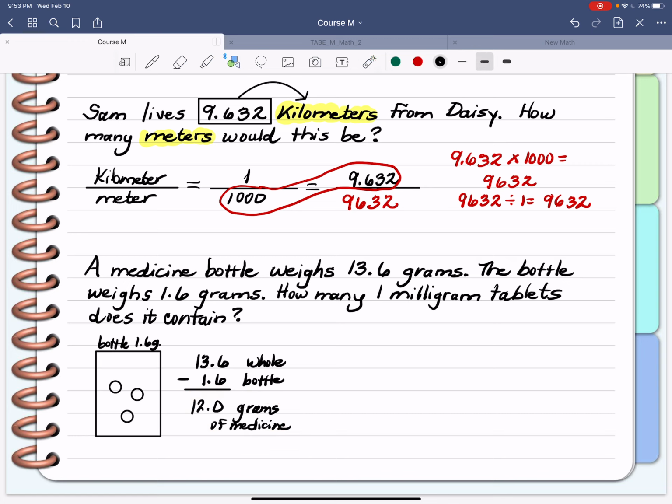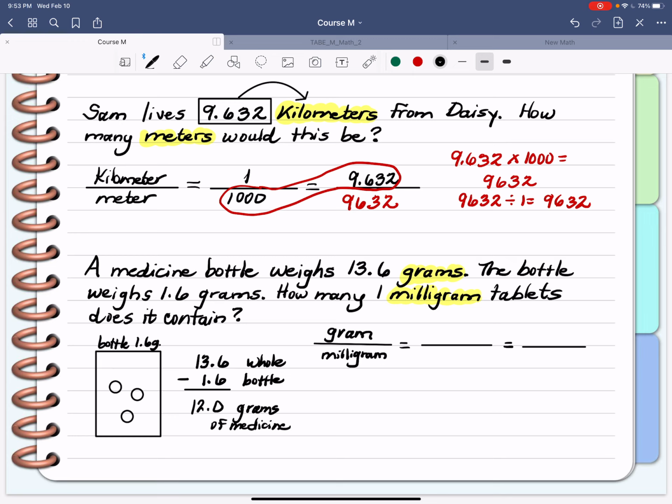We're ready to set up the framework. And let's get the words. We have grams and we have milligrams. So we're going to write those down as the word ratio. Grams and milligrams.